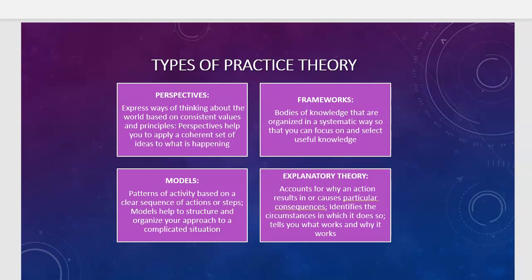The third category is models. And a model is a pattern of activity. It's based on a clear sequence of actions or action steps. It is structured to help you organize what to do and how to do it. So a model is a guide.